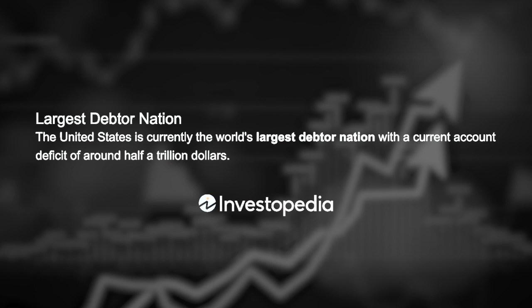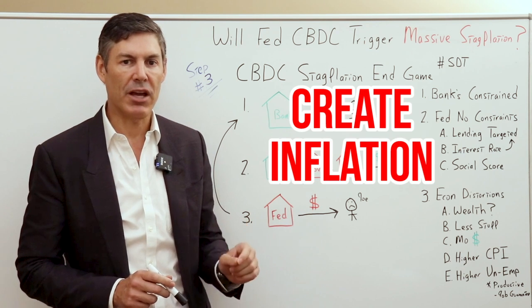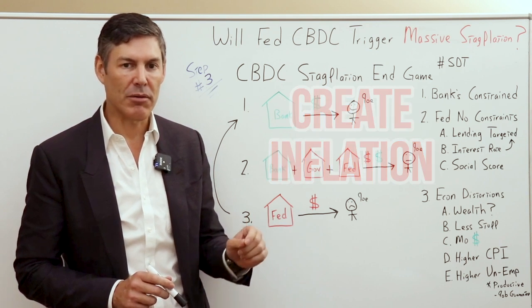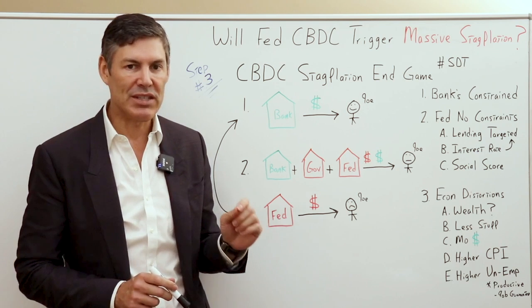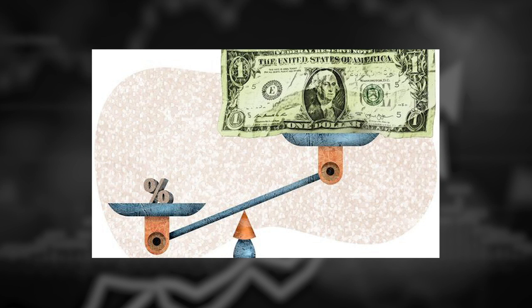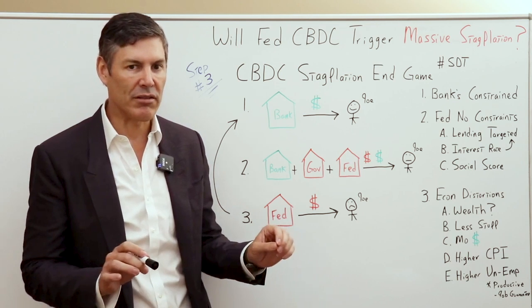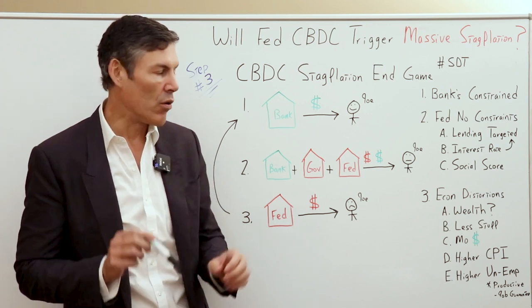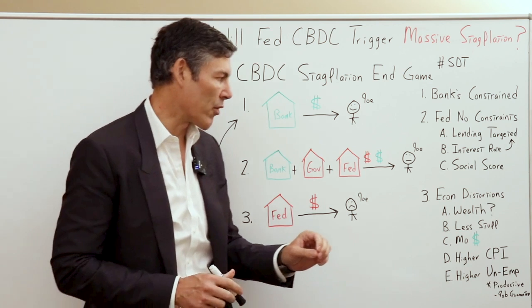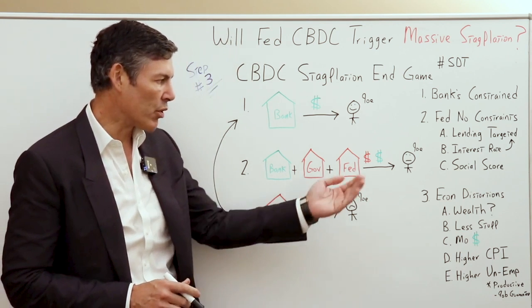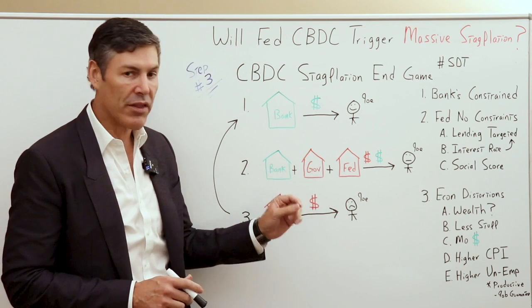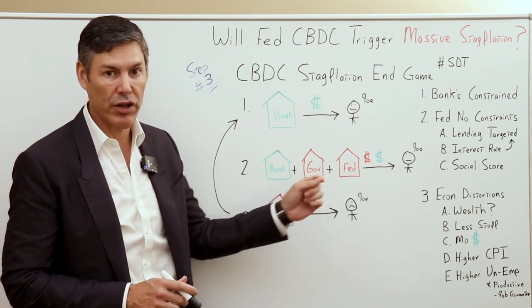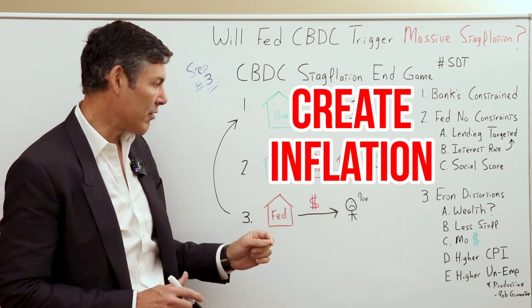The only way to bail out the government and all of the debt they've accumulated is to create inflation so the government can pay back that debt with devalued, cheaper dollars. And I've explained that in several of my videos, so most of you watching this right now will understand exactly what I'm referring to. But it's always important that we remember why their end game, their goal, their objective is to create the inflation.